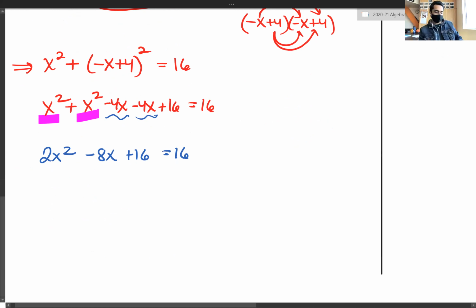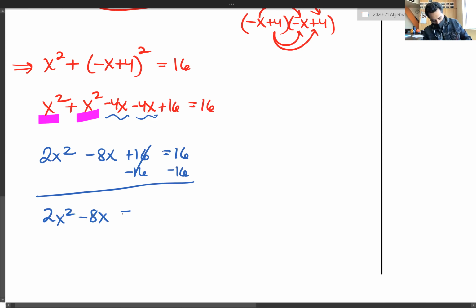If we were going to solve for x, where do you think we should go next? Yeah, we want to subtract 16 from both sides. Right, that way we end up with 2x squared minus 8x is equal to 0, right?